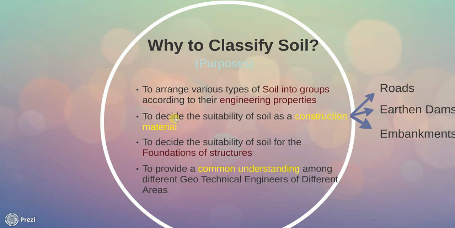If we talk about the basic requirements of soil classification, they are: it should have a limited number of groups. It should have a scientific approach. It should be simple and should use terms which are easily understood. It should have fair accuracy in indicating the probable performance of a soil under certain field conditions.